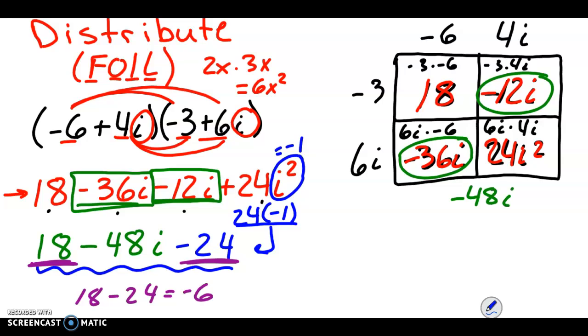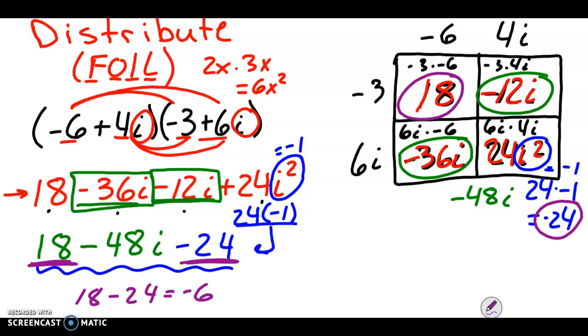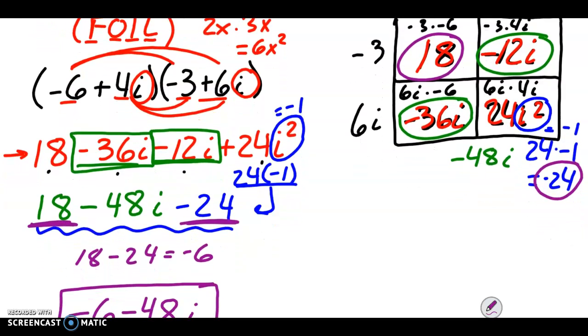And then you make sure that this i squared, remember i squared always equals -1. So 24 times -1 is going to equal -24. So then you also have to make sure that that 18 and that -24 get combined, because they're both real numbers and constant terms.